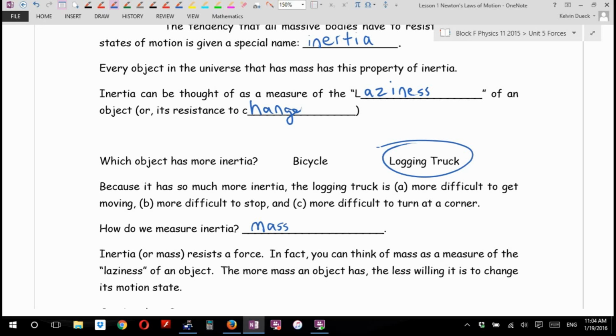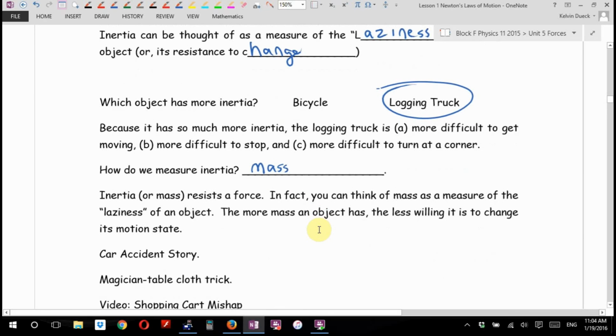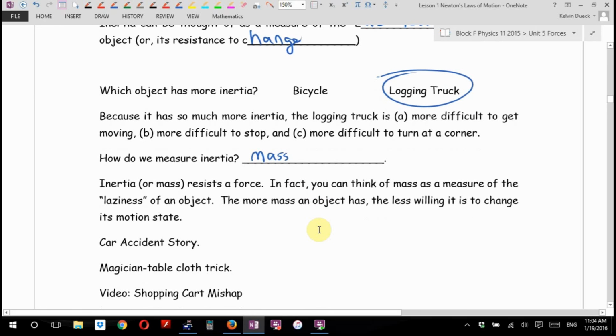The tougher it is to get it to accelerate, the more it will resist a force. Inertia, or mass, resists a force. In fact, you can think of mass as a measure of the laziness of an object. The more mass an object has, the less willing it is to change its motion state.